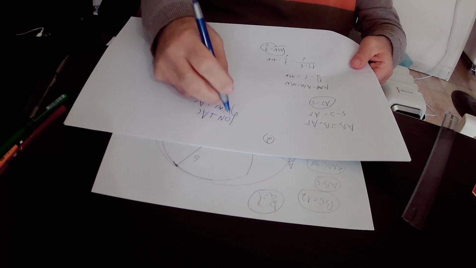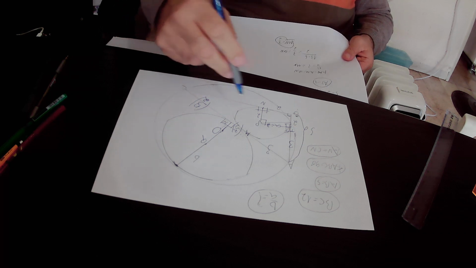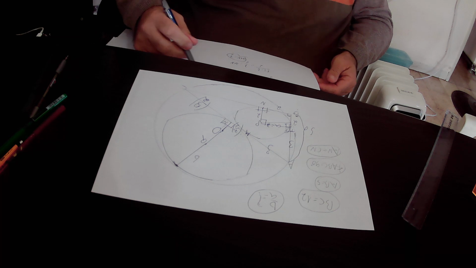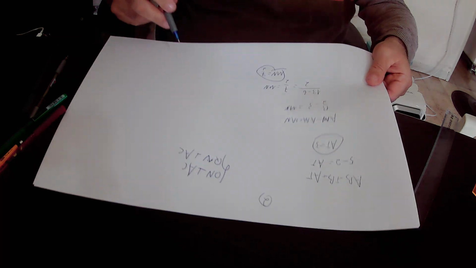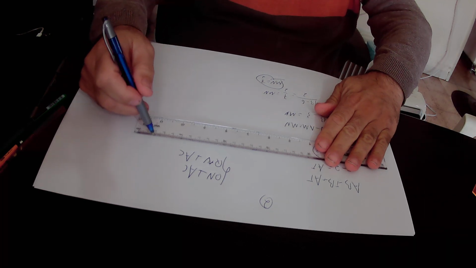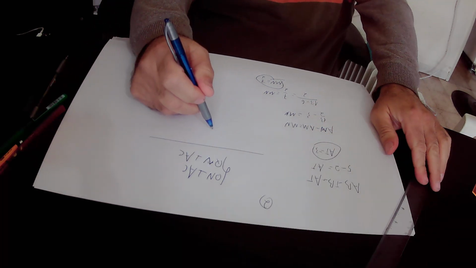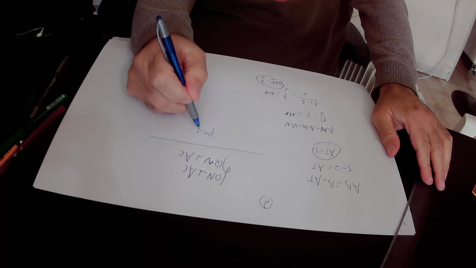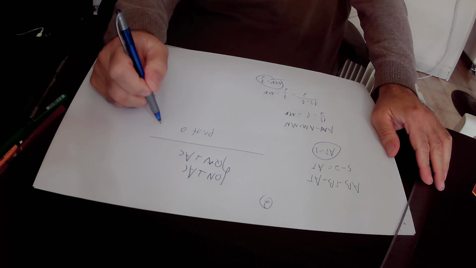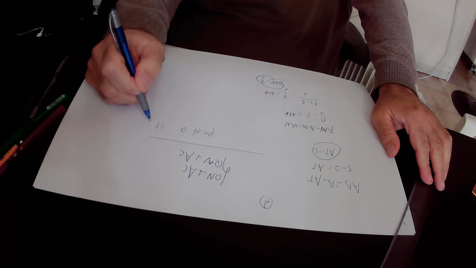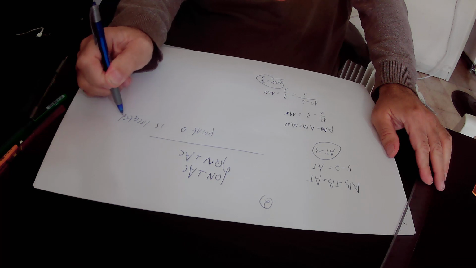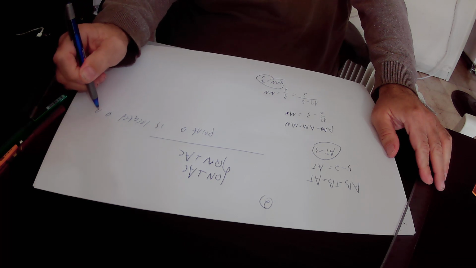Okay, so ON is perpendicular to AC and QN is also perpendicular to AC. So from those two statements we will derive that point O is located on QN.